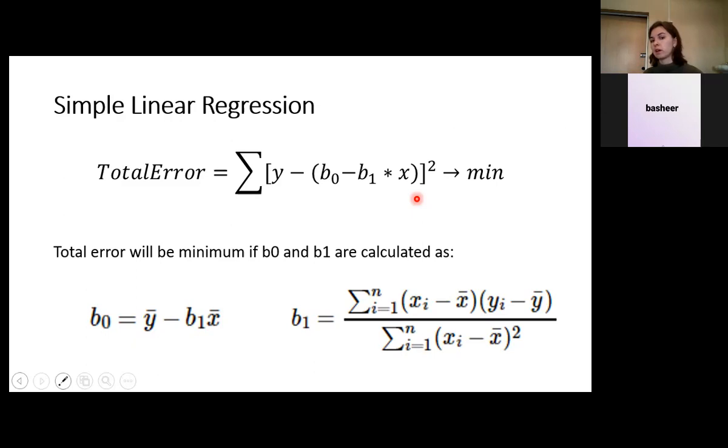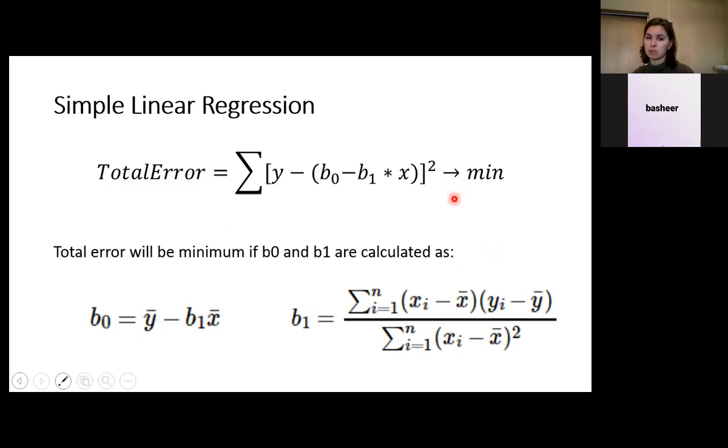So you may find the point of the minimum and solve the equation, and you will obtain the solution for the minimum problem. We will not do it, but if you want, you may find information on the internet on how to calculate b0 and b1.